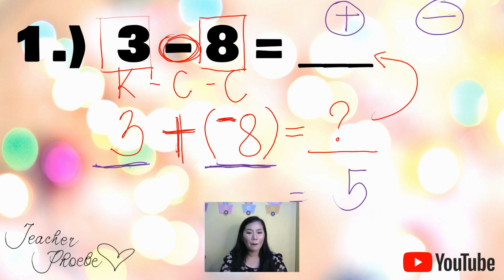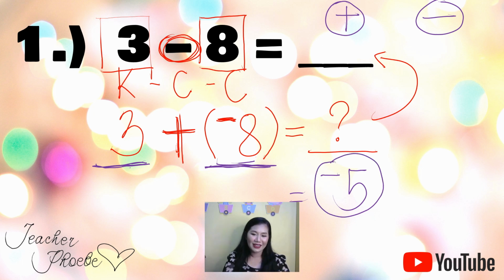So, between 3 and 8, disregard the sign again. Sino bang mas mataas? Si 3 or si 8? Correct, si 8. So, sundin natin yung sign niya. Ano ba ang sign ng 8 dito? That is negative. Therefore, your final answer is negative 5. That is your final answer.